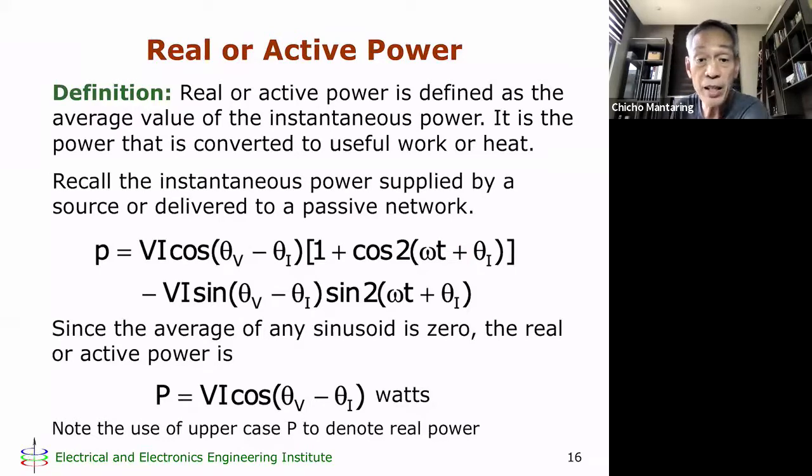So the real or active power is given by this expression, where V and I are in RMS value. Remember that V and I here are in RMS value.